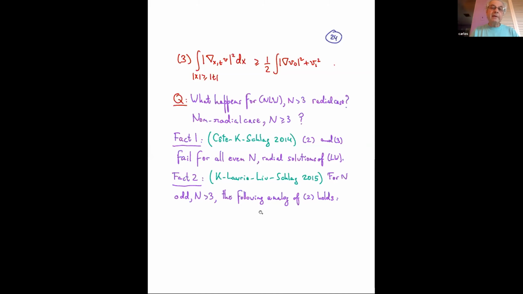The second fact, which we did with Lawrie, Liu, and Schlag in 2015, is that for all odd dimensions bigger than 3, there is an analog of our first channel of energy, outer lower bound for channels of energy. By the way, these two facts are established by using Fourier analysis.